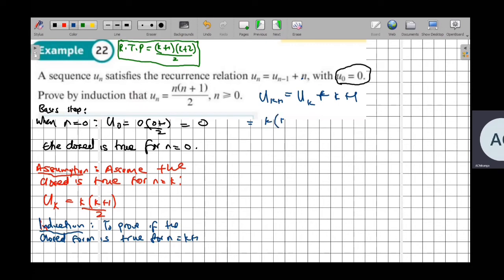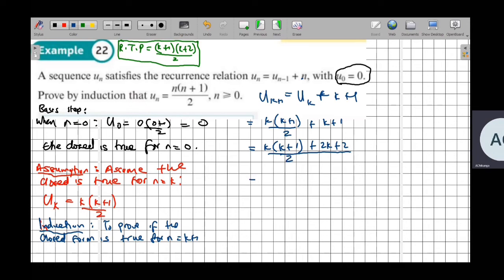That's (k plus 1) over 2 plus (k plus 1). So we need to see if we can manipulate this expression to give us this one in green here. So it's going to be (k plus 1) over 2, everything to one denominator, plus 2k plus 2.